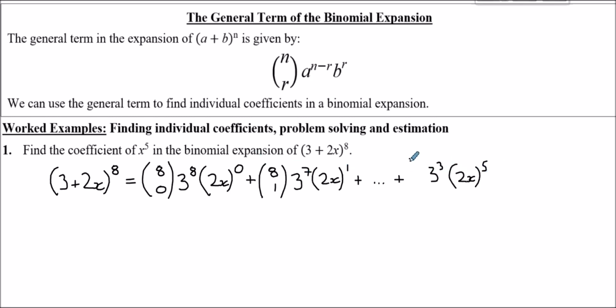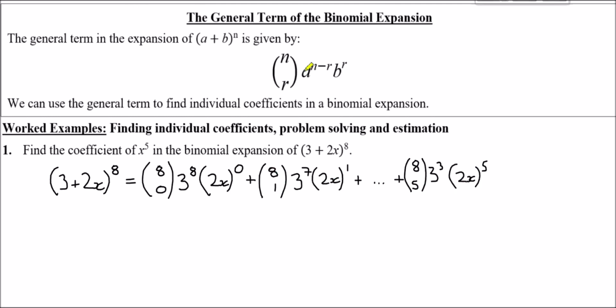So now all we need to do really is think about it's 8 choose what? Well, the final number at the bottom is always going to be the same as the power we're raising this final term to. So we had 2x to the 0, that was when we were choosing 0. 8 choose 1, we had 2x to the 1. If we're after the x to the 5 term, then it'll be 8 choose 5.